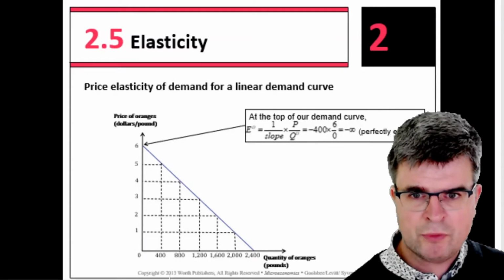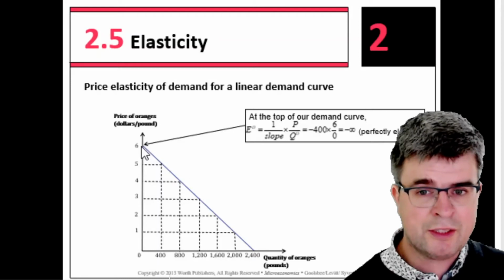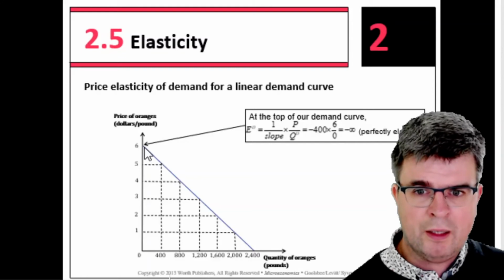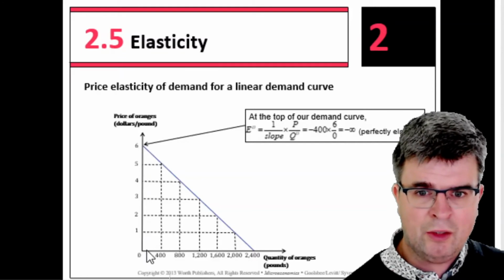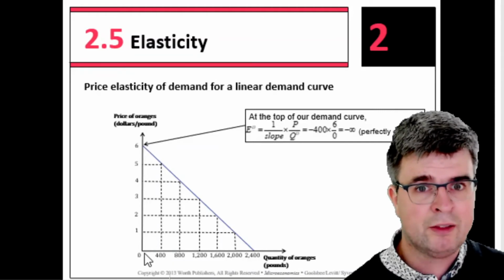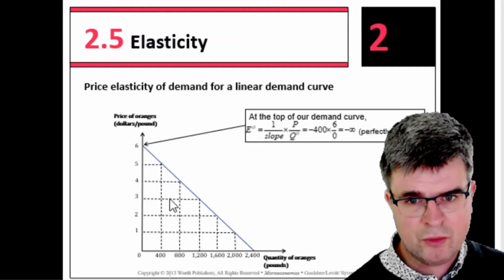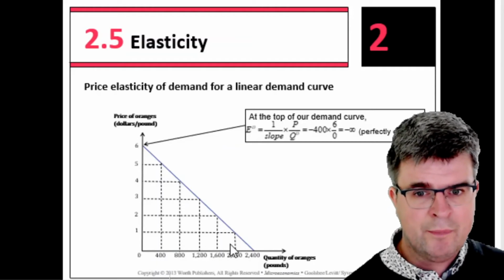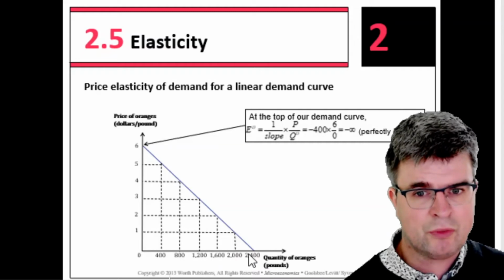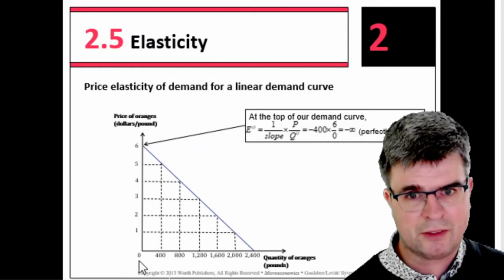So the slope of this demand curve, or this inverse demand curve actually, is that if we increase the quantity with 2,400, then the price decreases by 6. And taking the inverse of that, if we have an increase in quantity demanded of 2,400, then we need to decrease the price by 6.